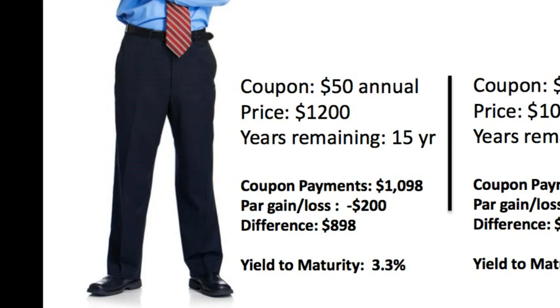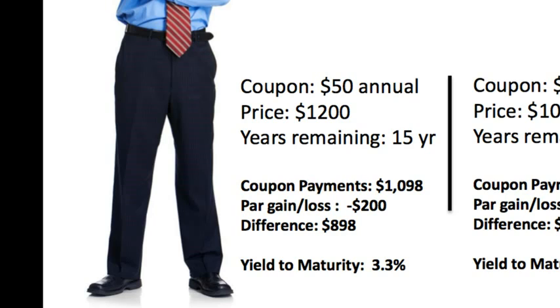As we look down, the coupon payments that he's going to receive over the next 15 years amount to $1,098. We're assuming that he's reinvesting each coupon at 5%, so that's why you have kind of an odd number there. The par gain and loss: he's going to lose $200 on the fact that he paid a premium for the bond, and whenever it matures, he's only going to get $1,000.